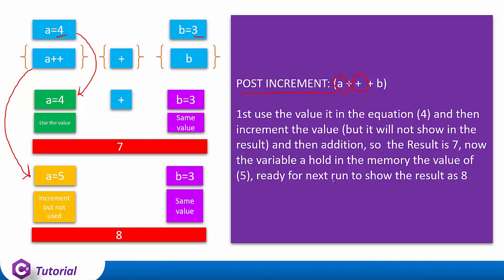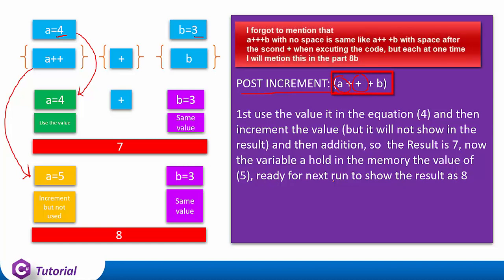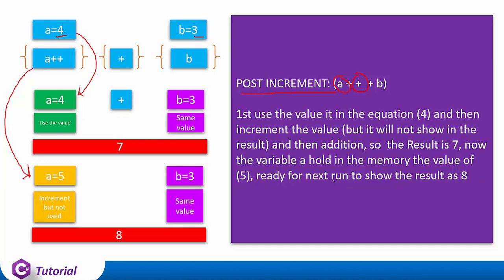First thing, 4 will come down like this, and we'll use the same value of 4 because this is a post-increment. So first we assign the value, then we increment. So in the beginning we assign the value, then we add it to the other variable. So here 4 plus 3 will be 7.